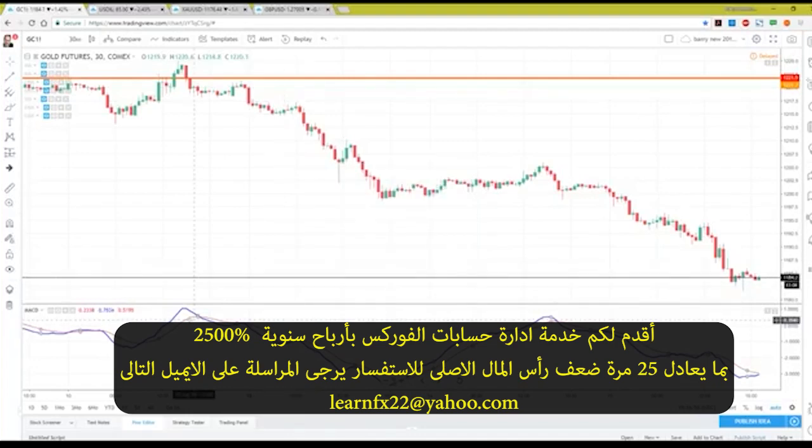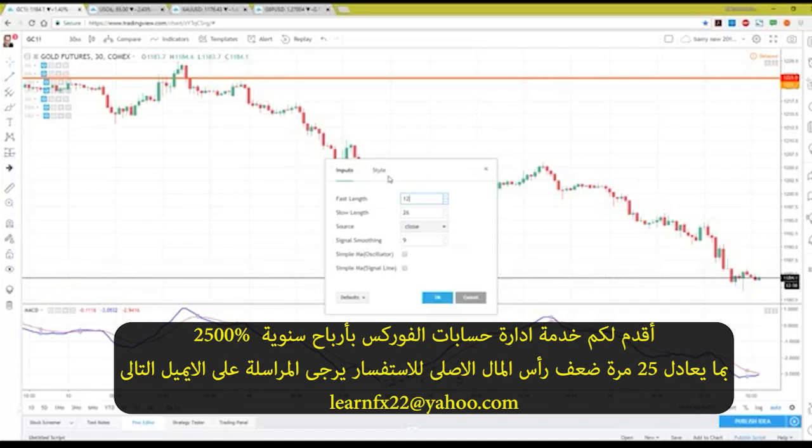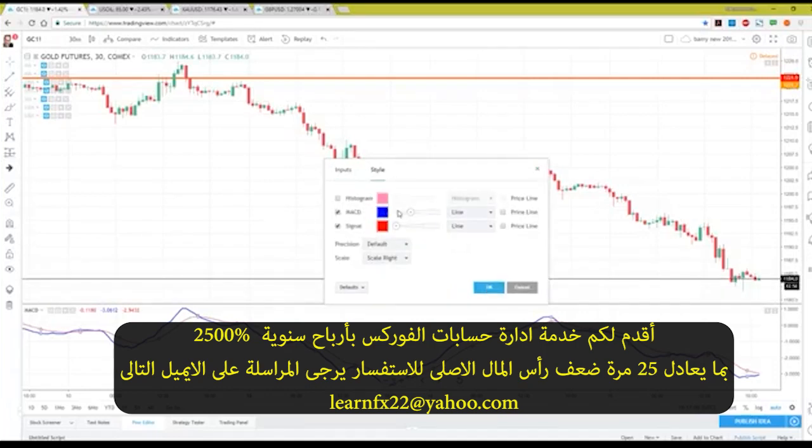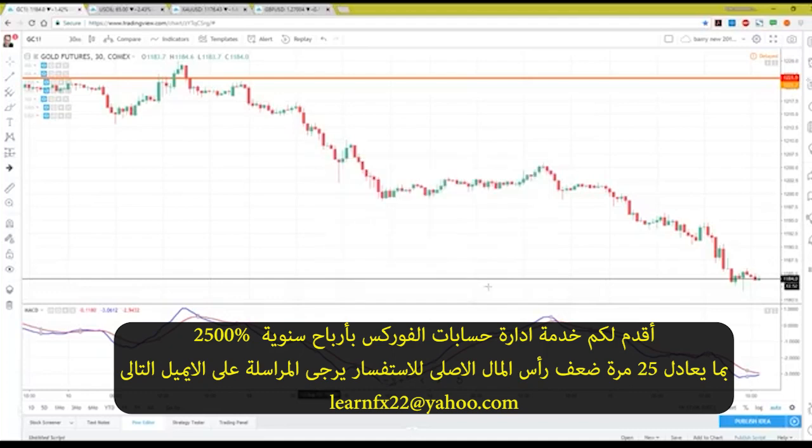I just want to make this red line bolder here for us. Okay, it is a 9-period moving average of the MACD line.